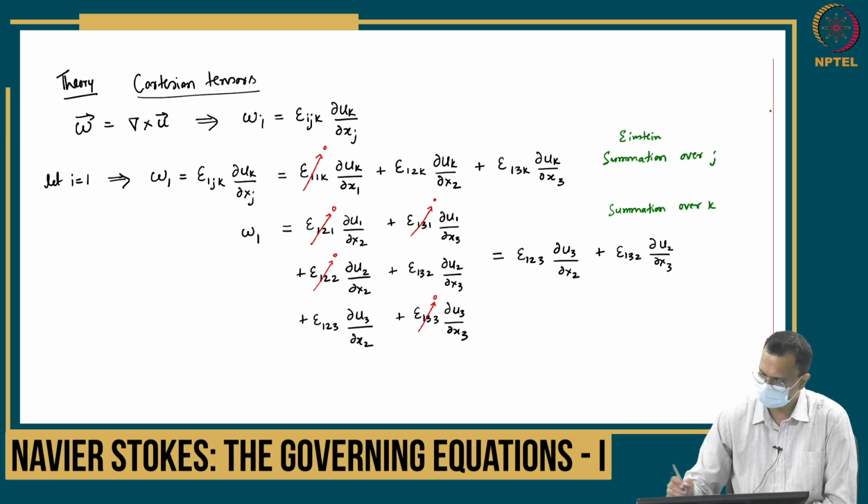Now what is the sign for this? 1, 2, 3 is positive, right? It's positive one, it is in the cyclic. 1, 3, 2, right, in the counterclockwise. So this is negative sign.